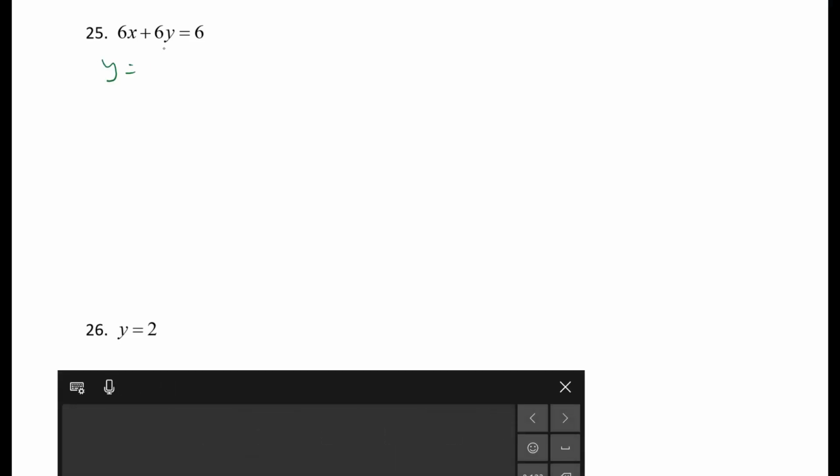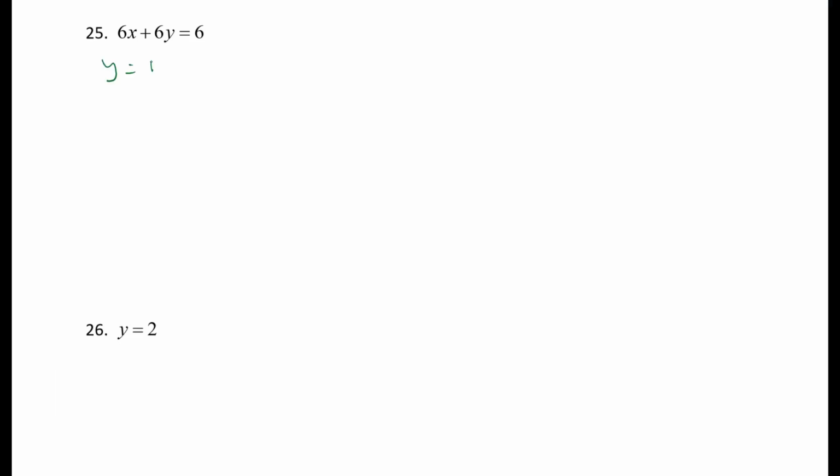25. Again, the goal is to get this into y equals mx plus b form. So I'm going to subtract 6x from both sides, minus 6x plus 6.